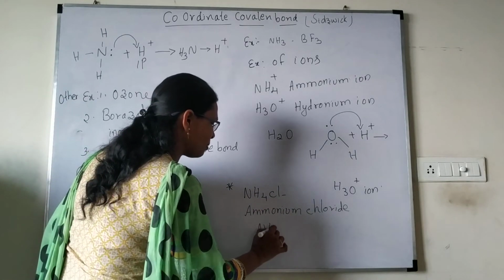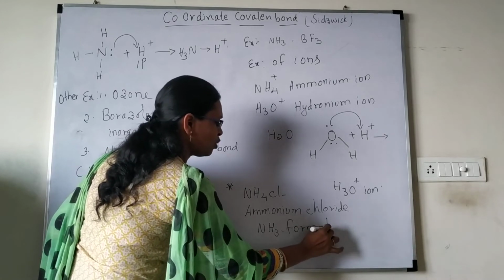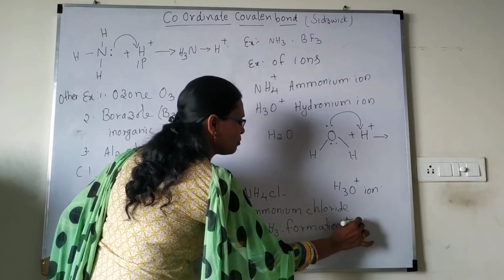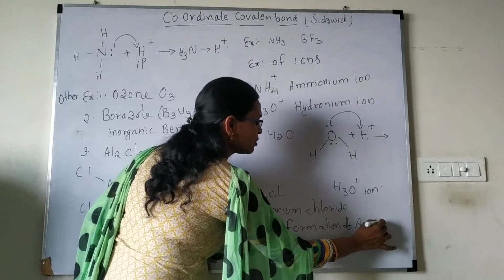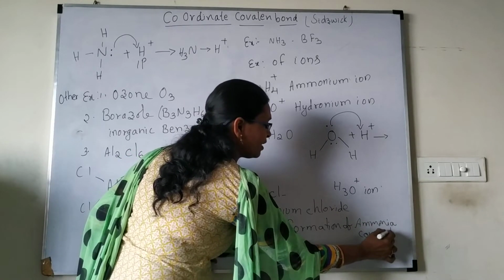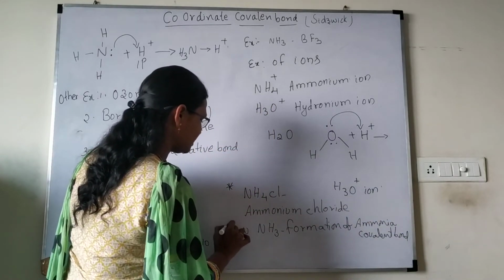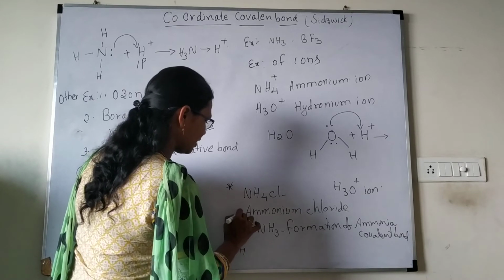First, formation of ammonia involves a covalent bond, because of sharing of electrons, right? So nitrogen has valency 3. So nitrogen forms bonds with 3 hydrogens and one lone pair will be there.